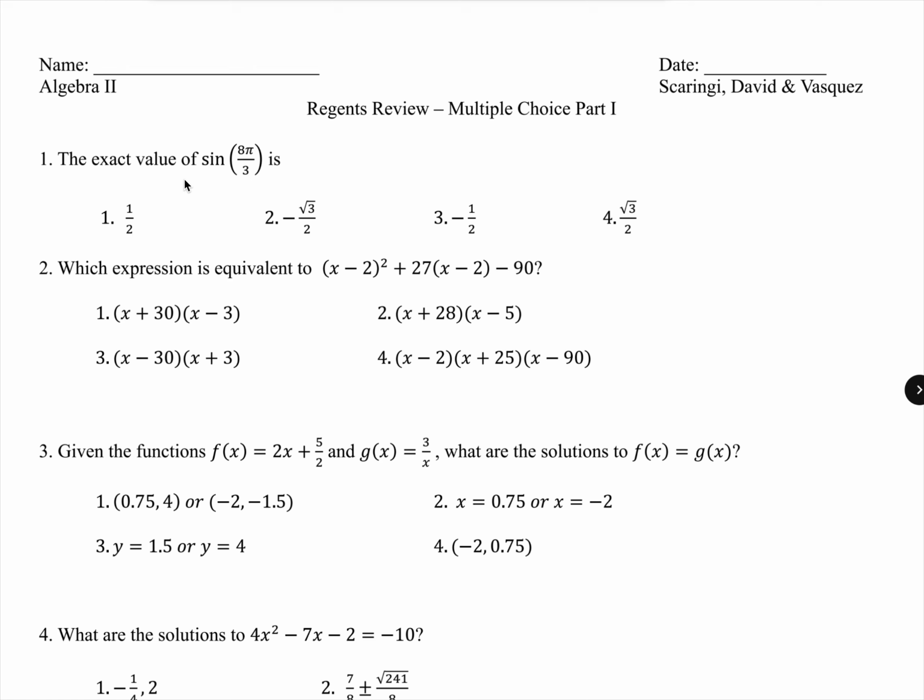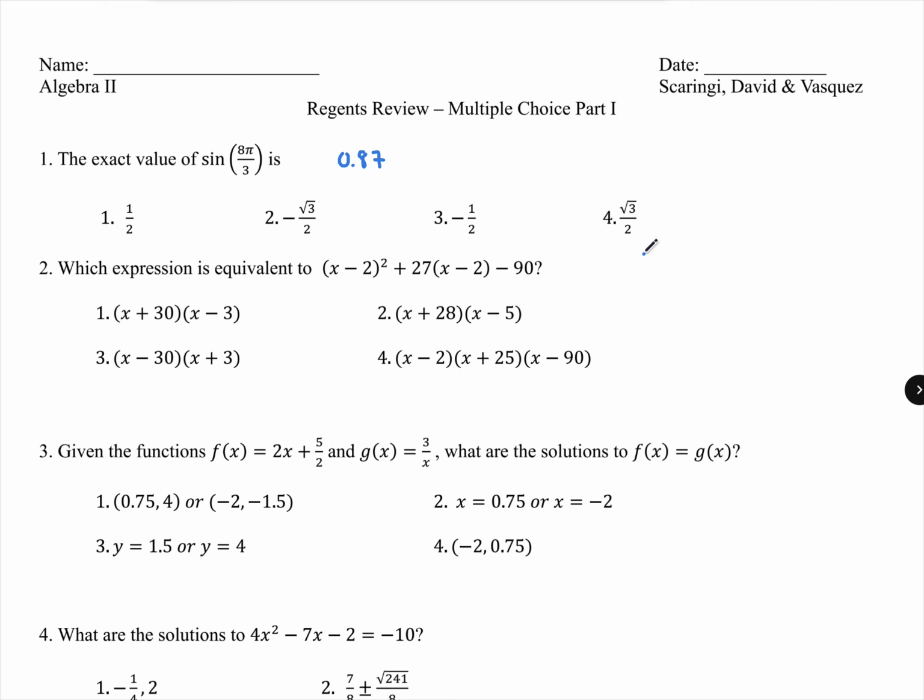So if I'm taking a look at number one, I saw a lot of people in class, and this wouldn't work for every question, but they just found the value of sine of 8 pi over 3 and got an answer of, I think, 0.867, because I'm rounding it. Then they went, well, I know 1/2 and -1/2 is not that number.